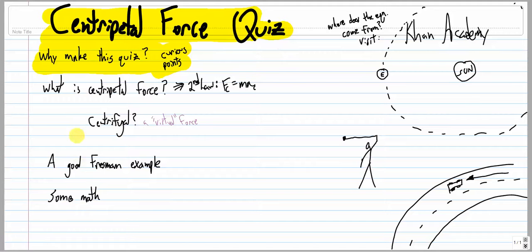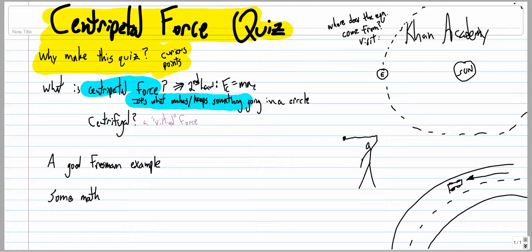Before I get into all this other stuff down here, I want to describe what centripetal force is. Here's my definition: centripetal force is the force that makes or keeps something going in a circle. It doesn't have to be a whole circle, it can just be a curve, like this example with the car. This car is coming around a curve, and centripetal force is what's keeping it moving in a circle.